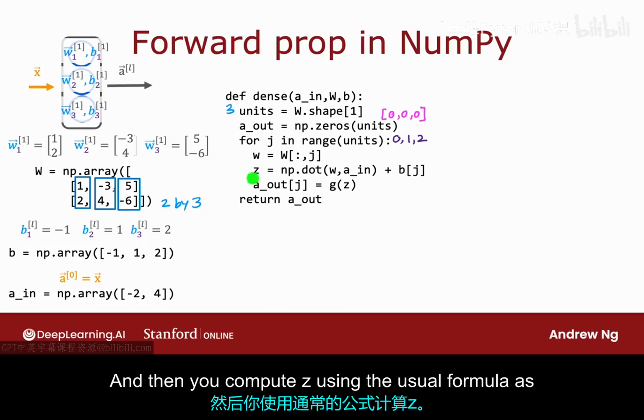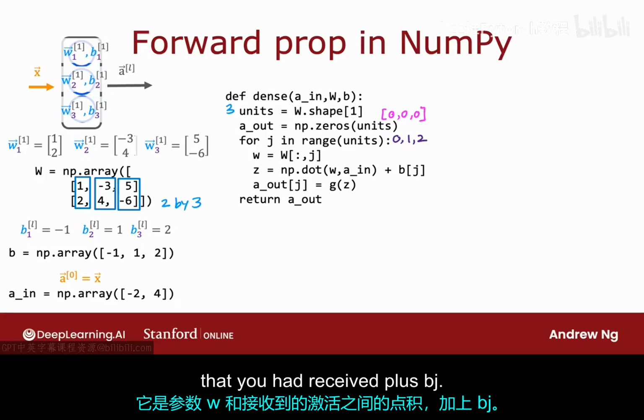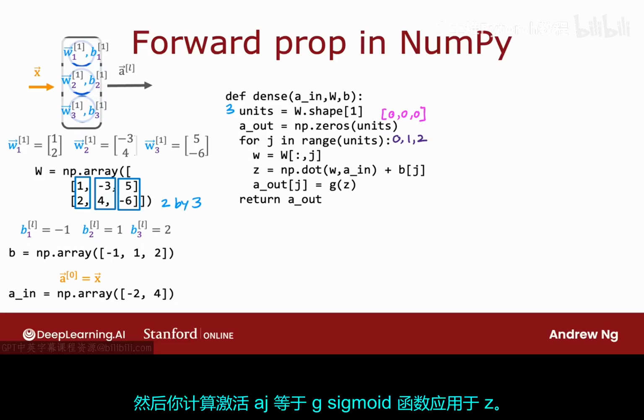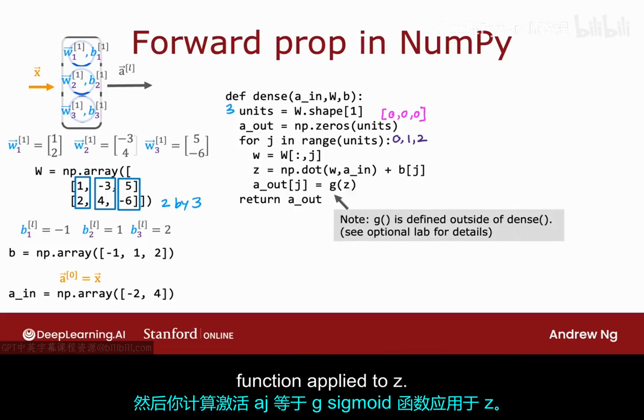And then you compute z using the usual formula as a dot product between that parameter w and the activation that you had received, plus b[j], and then you compute the activation, a[j] equals g, the sigmoid function applied to z.